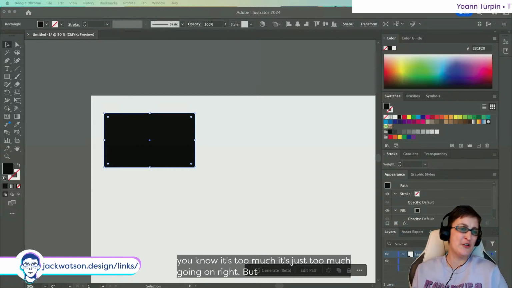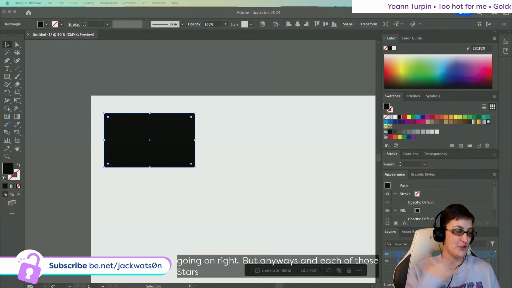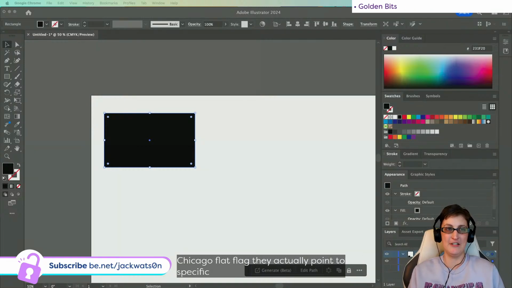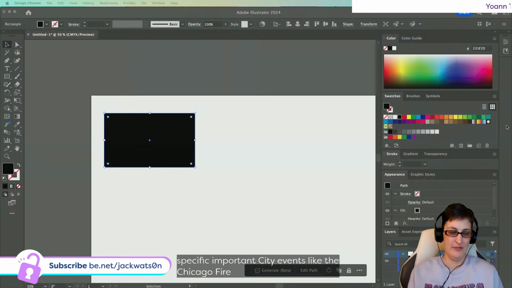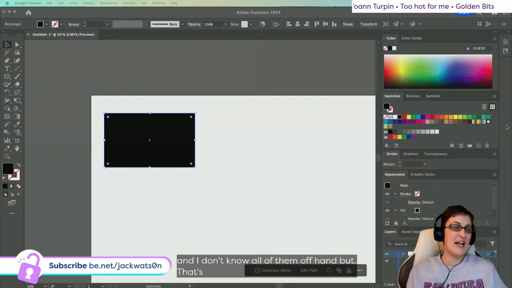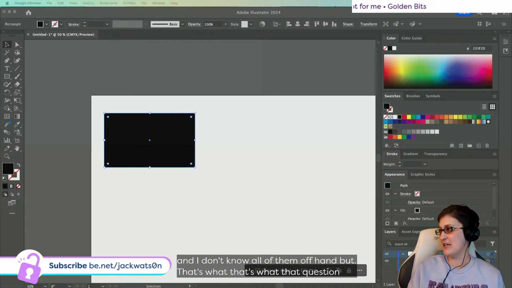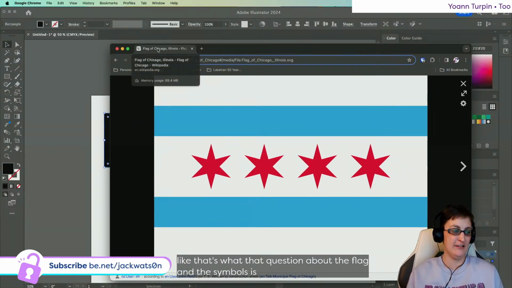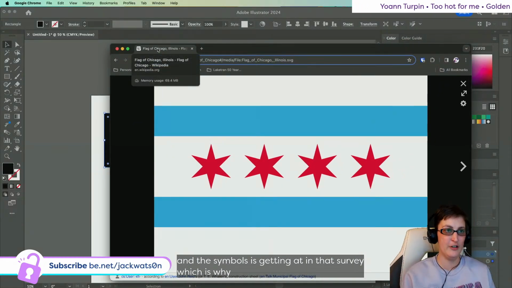But anyways, each of those stars on the Chicago flag actually point to specific important city events, like the Chicago Fire, and I don't know all of them offhand, but that's what that question about the flag and the symbols is getting at in that survey, which is why I think it's a good question.